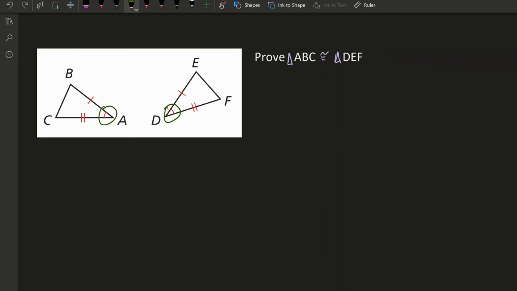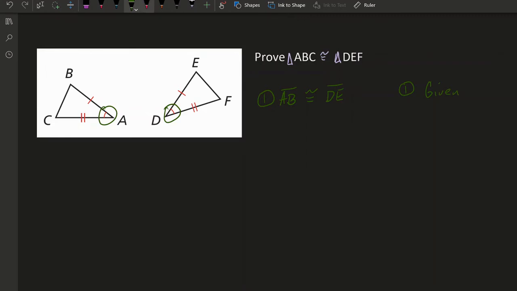So I can use that information to show that the two triangles are congruent. So here's how I do this. I would say step 1. Segment AB is congruent to DE. Reason? Well, it's on the picture, so it's given. That little red mark on the picture means that they're telling us those are congruent.